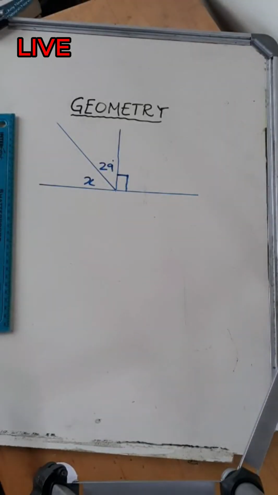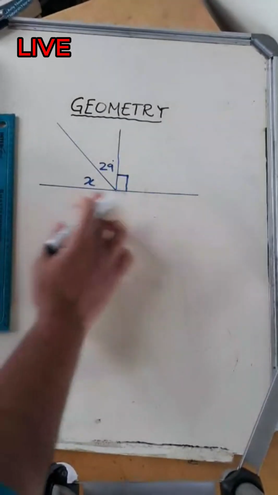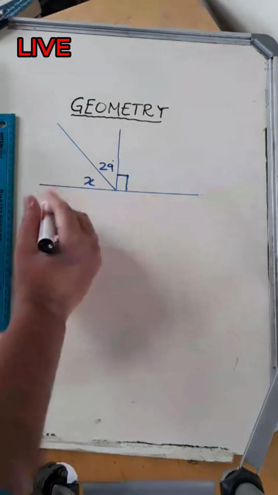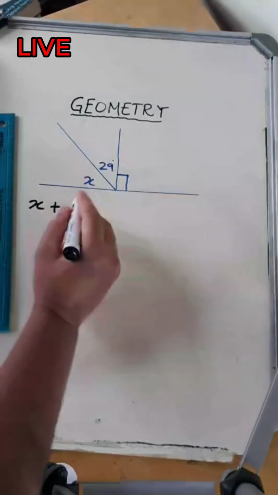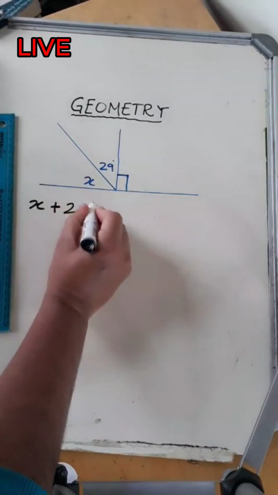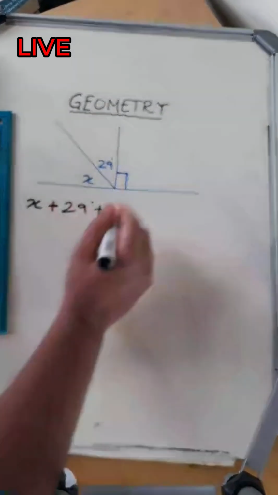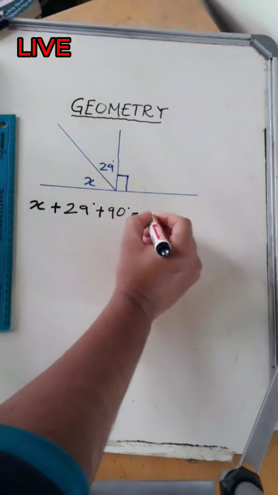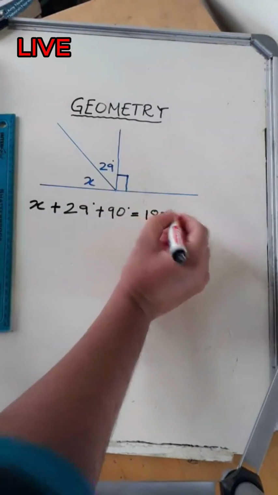And how do we get that? We need to know that angles on a straight line is equal to 180 degrees, and that's the only theorem that you're going to use. So X, plus this 29 degrees, plus this 90-degree angle here is equal to 180 degrees.